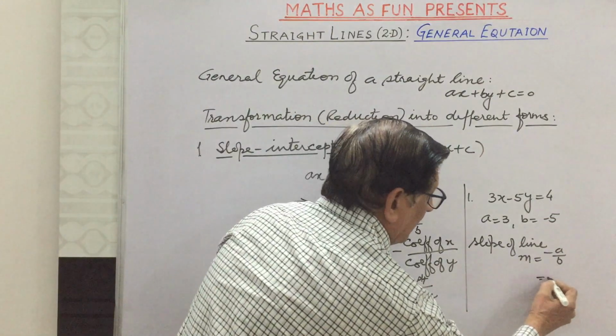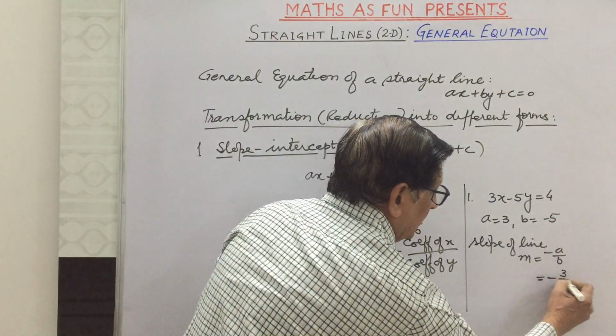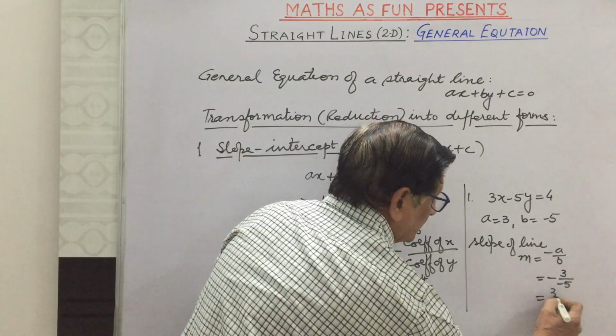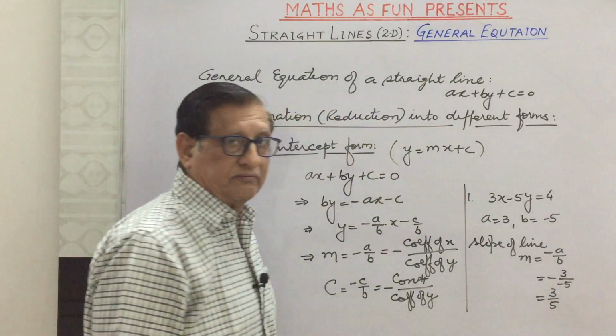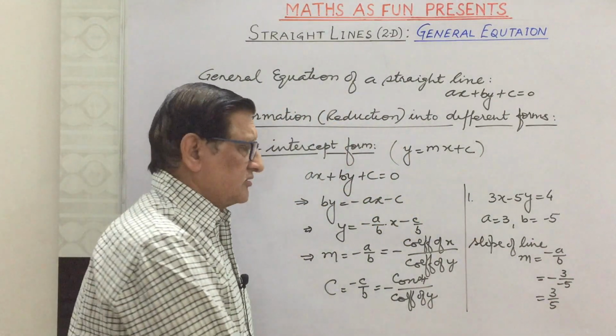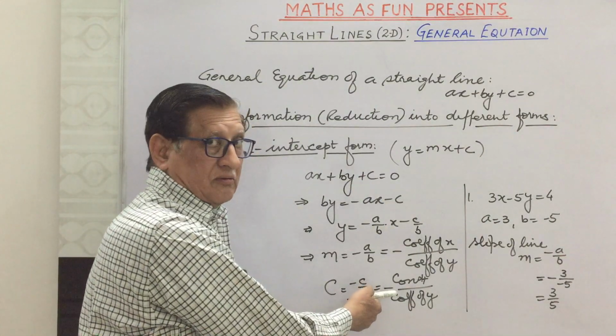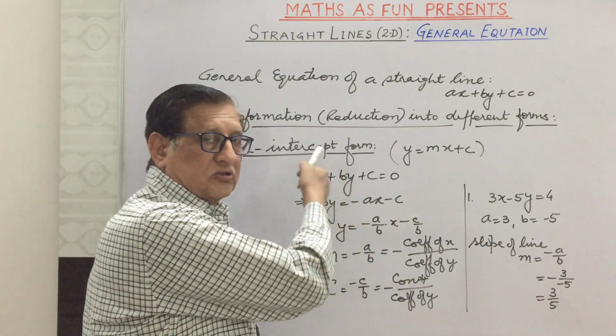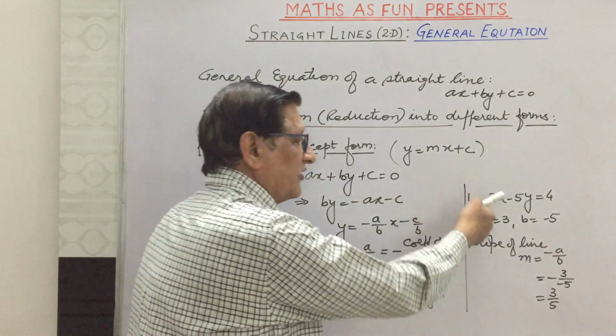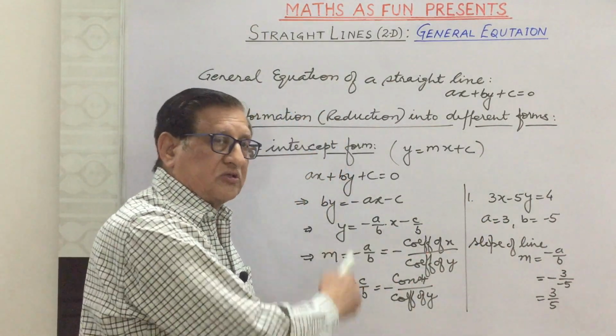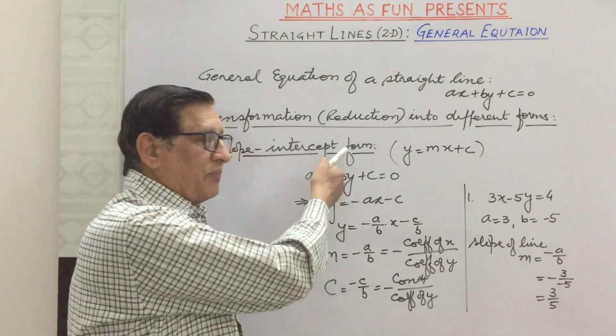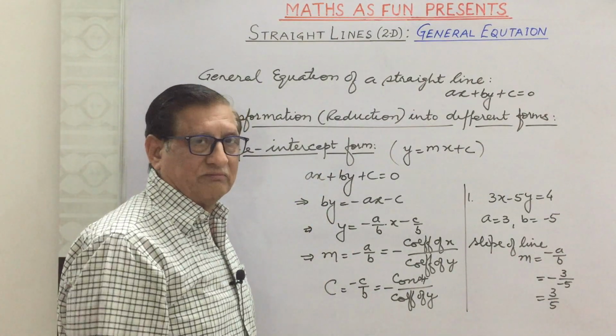It is minus a means 3, b means minus 5, so it comes as 3 upon 5. Like this, without converting into the slope intercept form also we can find out the slope of the line and also we can reduce it in the form by this particular algorithm.